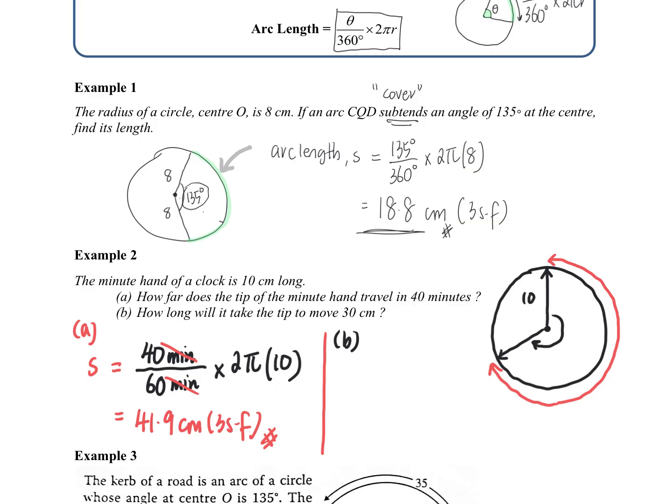Okay, B. How long does it take for the tip to move by 30 cm? So imagine it's here. This whole thing, the red one, is up to 41.9. So 30 is maybe somewhere less. Let's say this is 30. We can't tell exactly how much, but I know the formula.